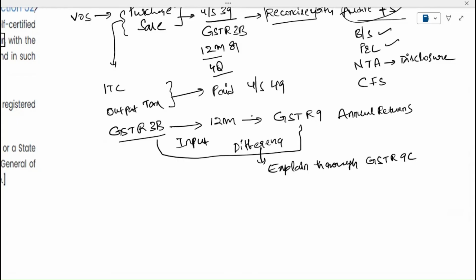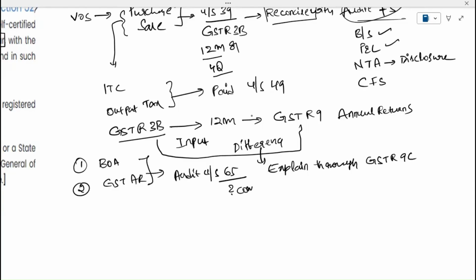Now, sir, we have maintained books of accounts. Point number 1, we have maintained books of accounts. Point number 2, file GST annual returns. In spite of this, audit under Section 65. Is it compulsory? Now, why does a GST officer again call for books of accounts verification?